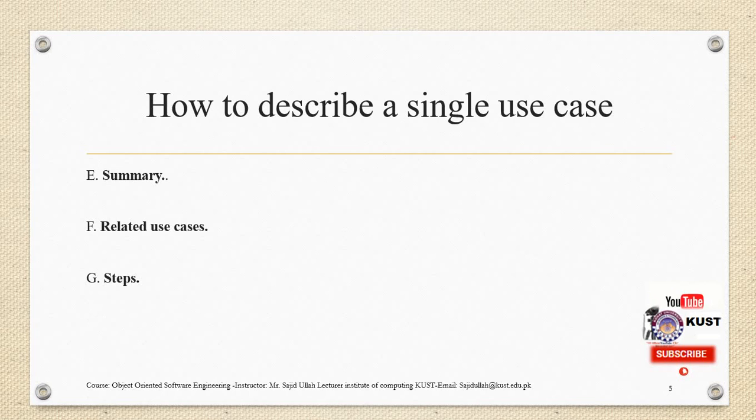Steps. Describe each step of the use case using a 2-column format, with the left column showing the action taken by the actor and the right column showing the system response. Post conditions. What state is the system in following the completion of this use case?